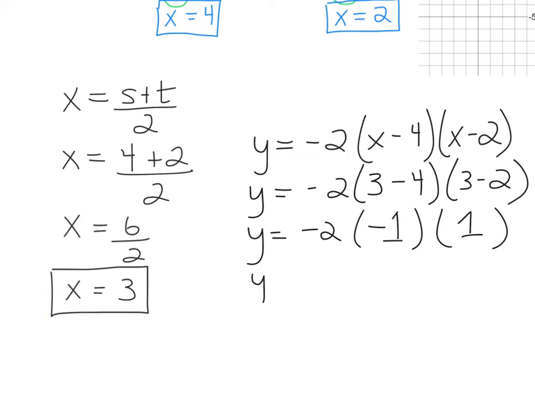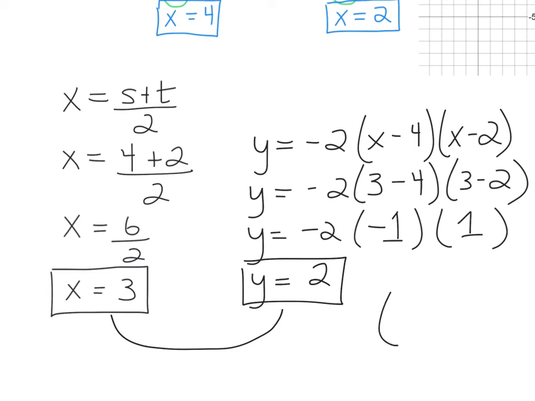And then it's simply just a multiplication. -2 multiplied by -1 is +2, multiplied by another 1, it's still +2. So our y value is 2. If we were to put these two numbers together, our vertex is located at 3 and 2.